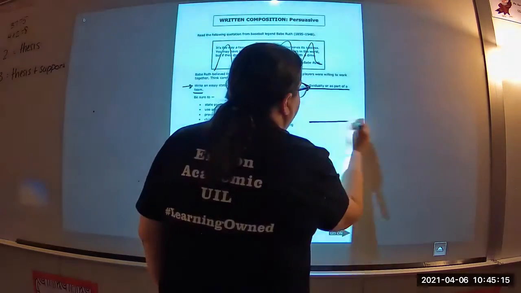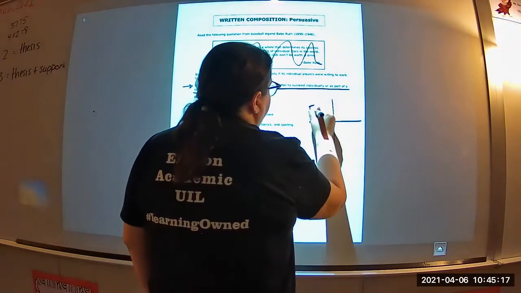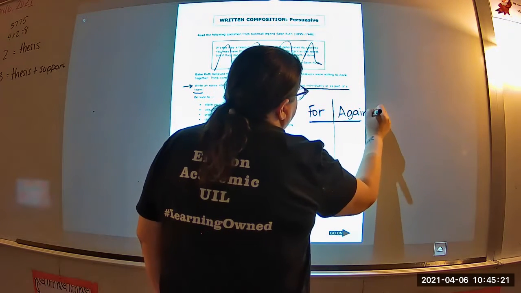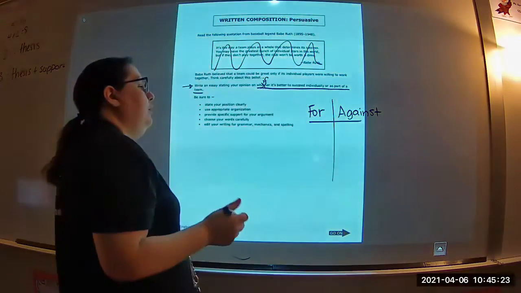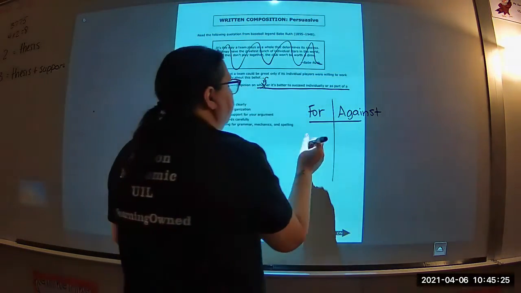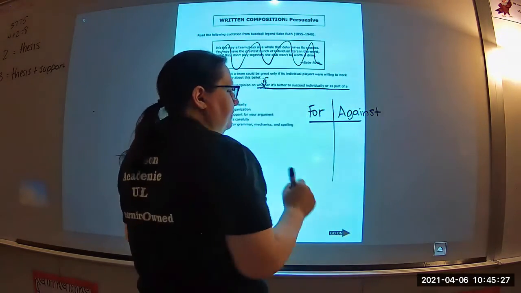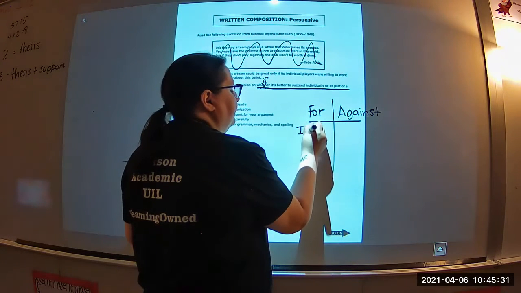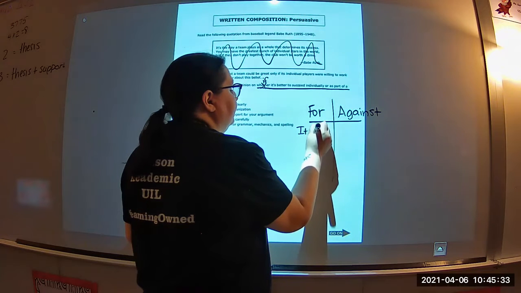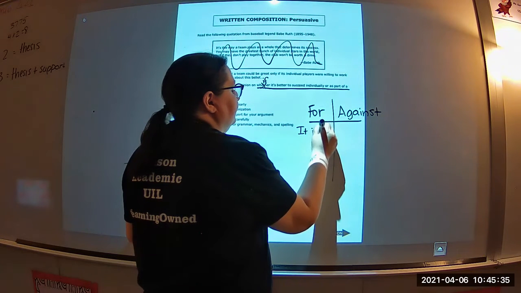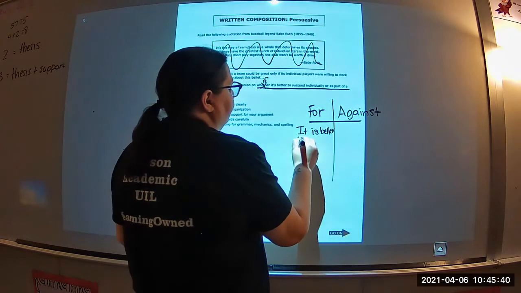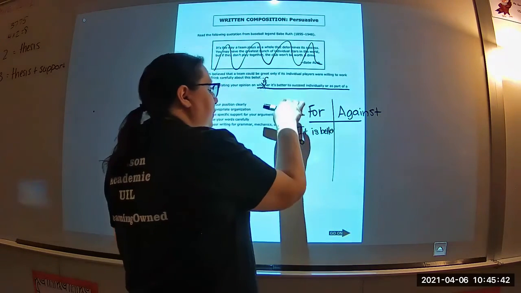Okay, now I'm gonna create my for and against, right? So what would be the first part? How would I turn it into a because statement? Because, now I start with because. It is better to work individually. Now use the prompt.